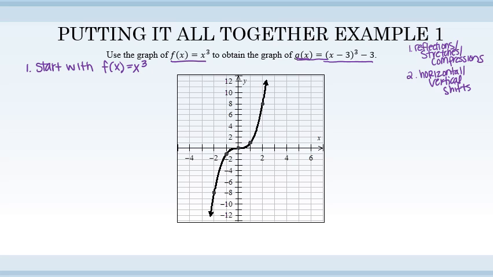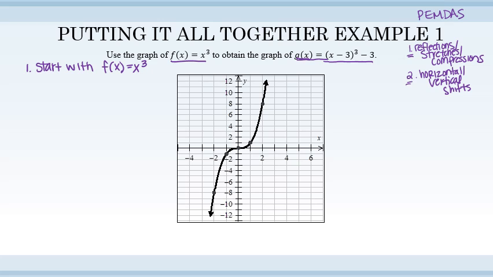The reason that we need to make sure we're doing those in order is just the same reason that we follow PEMDAS. With all of what I listed in step 1, they're doing multiplication or division to the coordinate points. And in step 2, you're doing addition or subtraction. Okay, so the first thing we'll start with f of x equals x cubed.